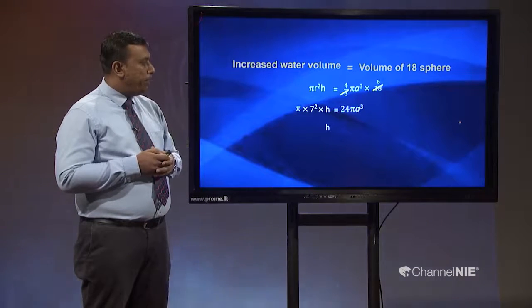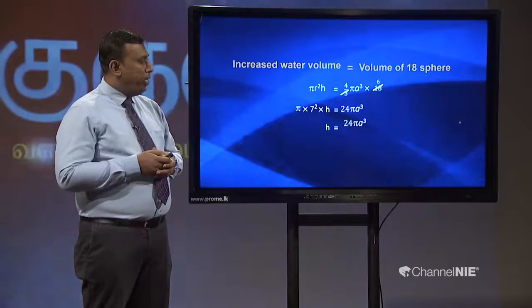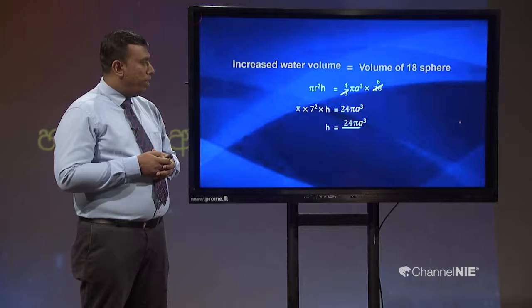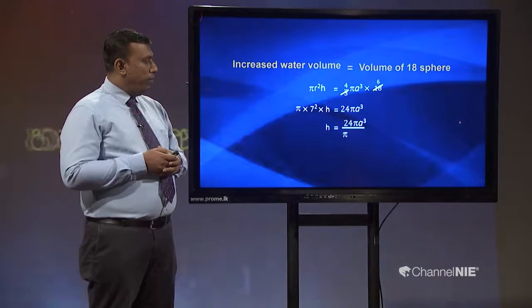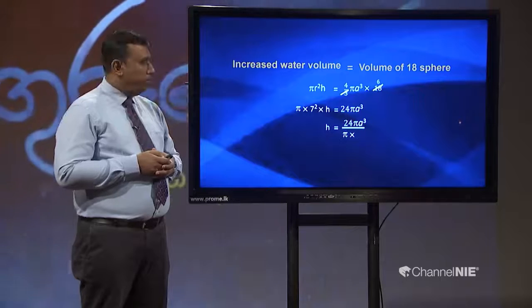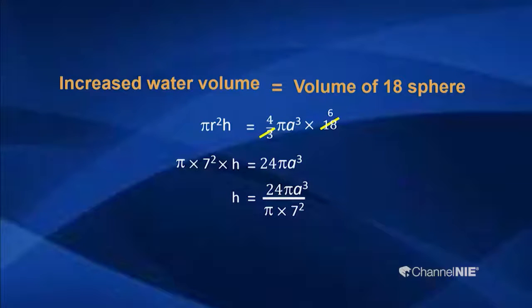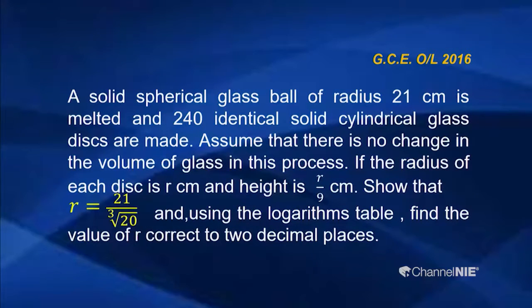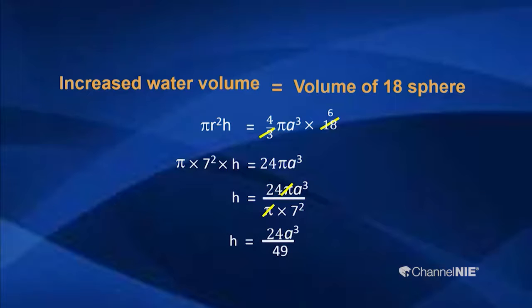Then h equals 24 pi a cubed over pi into 7 to the power 2. Then the pi values cancel. Next step, h equals 24a cubed over 49. 7 to the power 2 you can take as 49, right? That is the second part.